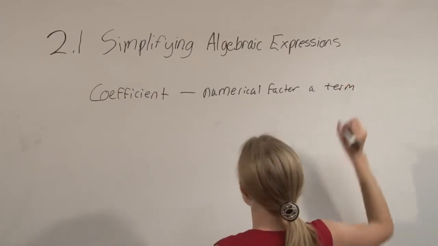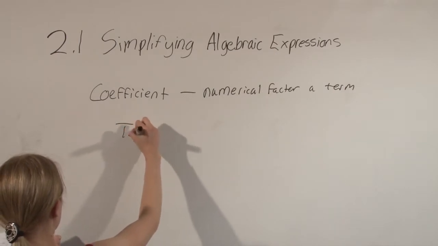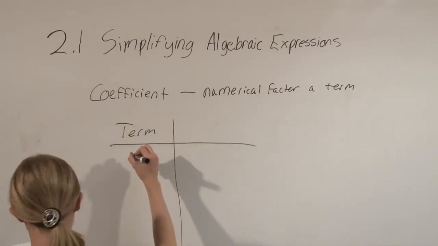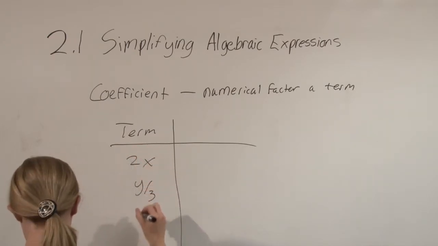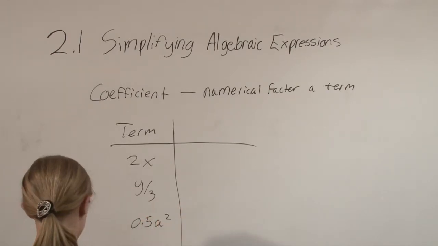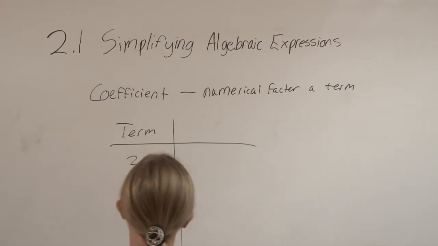It's basically the number that you can factor out of the term. So I could make a table here and put in some terms, and then figure out their coefficients.